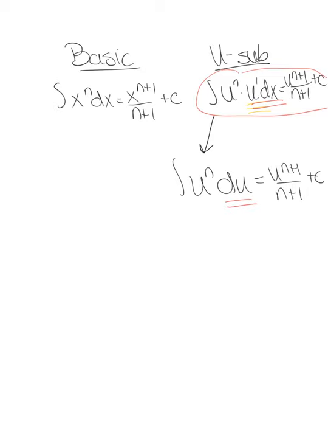Let me show you what I mean. If u is a function of x, then u prime dx is nothing more than the derivative of u with respect to x times dx. Of course the dx's cancel out and you get du. So these two statements are actually the same, they just look different.